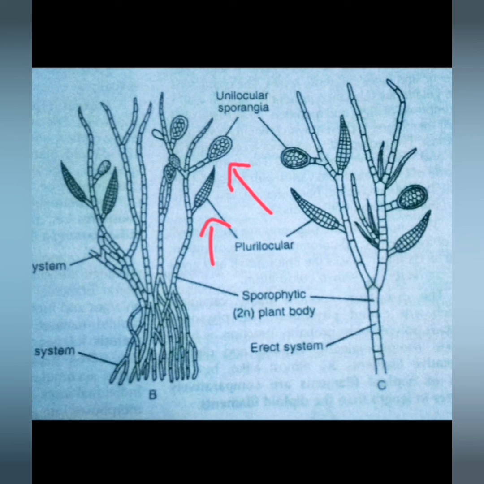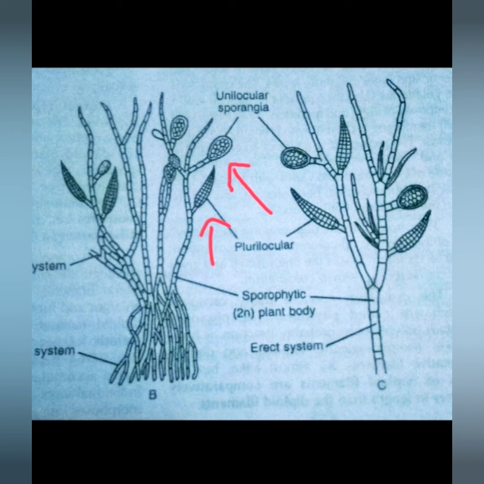For example, I'll give you one example of Ectocarpus, that is Ectocarpus siliculosus. This particular species produces unilocular sporangia at 13 degrees centigrade. So when the temperature is 13 degrees centigrade, it forms unilocular sporangia. But what happens when the temperature rises to 19 degrees centigrade?